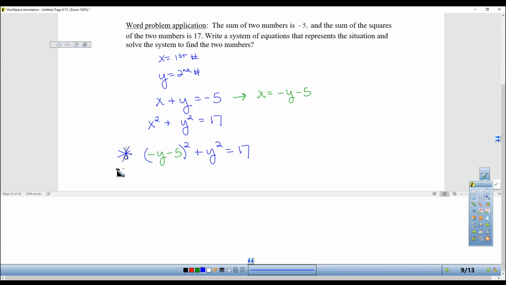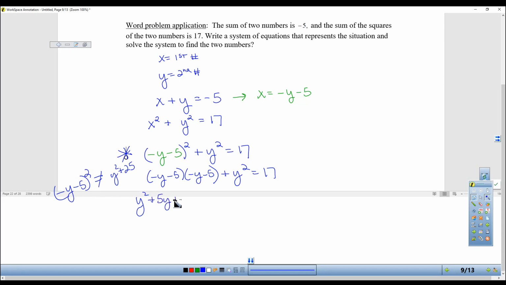This is the biggest place where people get it wrong. Minus y minus 5 squared is not y squared plus 25. Okay, you do have to actually multiply it all the way out. It's a little bit of a pain, but it's the only way to get the right answer. So first, outer, inner, and last.